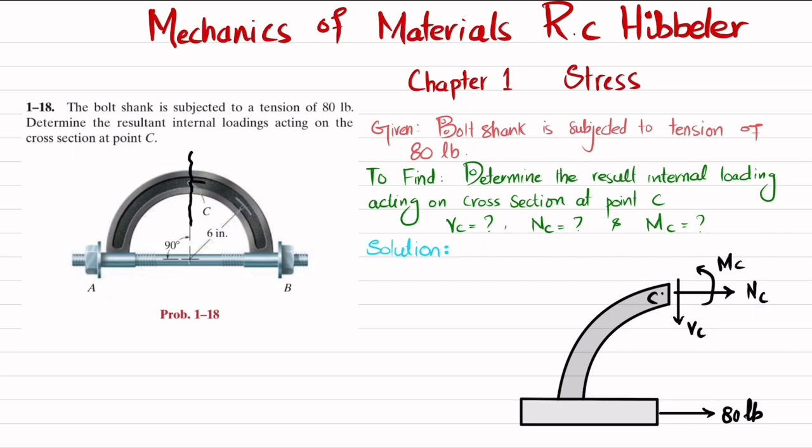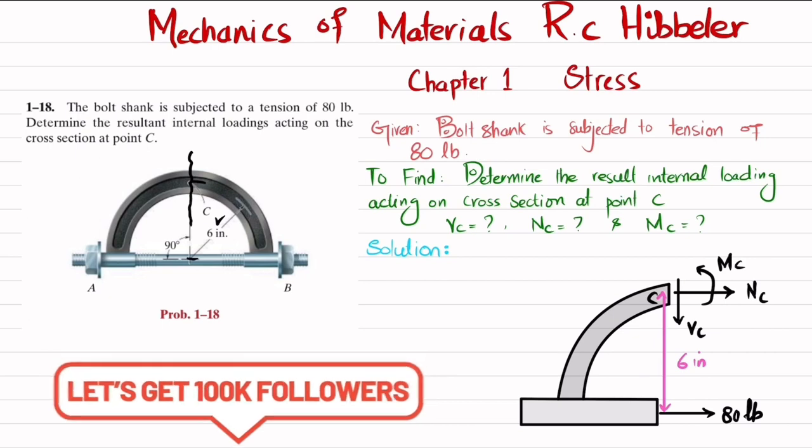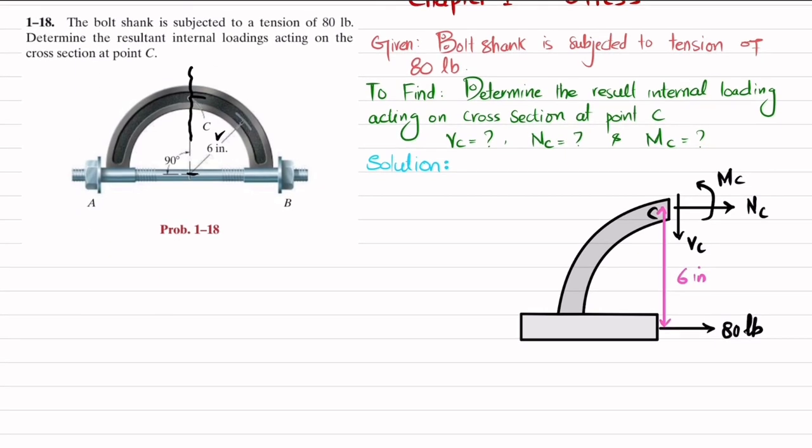Also, from point C till the middle of this, the radius is given as 6. So this distance is 6 inch. Now we will apply the equations of equilibrium in order to find this MC, NC and VC.